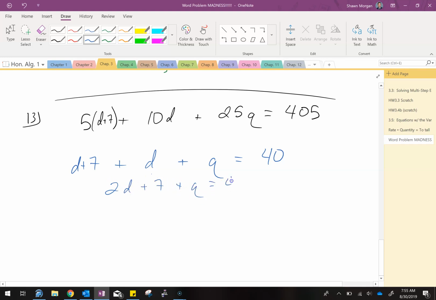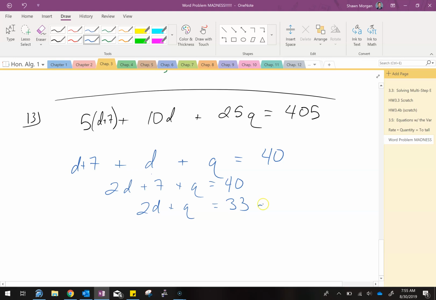What could I do to get Q by itself? What could you, quote, move over to the other side, Robert? All right, let's subtract 7 from both sides. 33. And last but not least, what would you do to get Q by itself, Jacob? What else could you, quote, move to the other side? 2D.